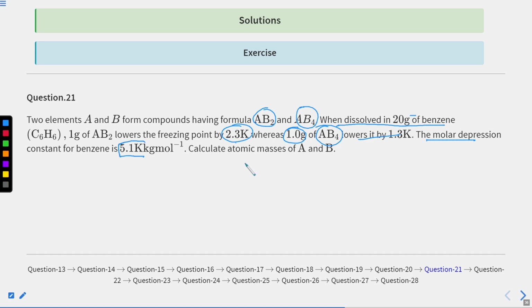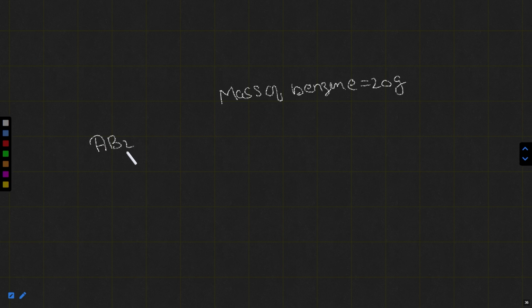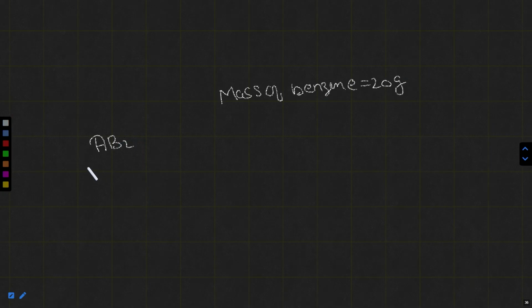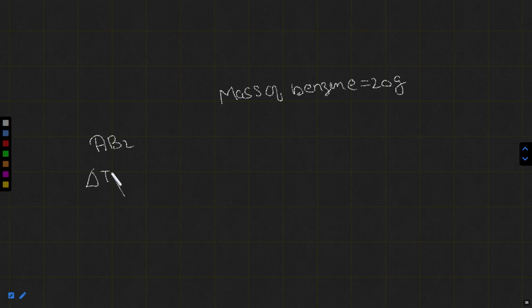So what are the informations that are given? Let us take the first case of AB2. First of all, the mass of benzene is fixed, and it is 20 grams for both cases. Now for AB2 is given the freezing point lowering, so delta T is 2.3 Kelvin.